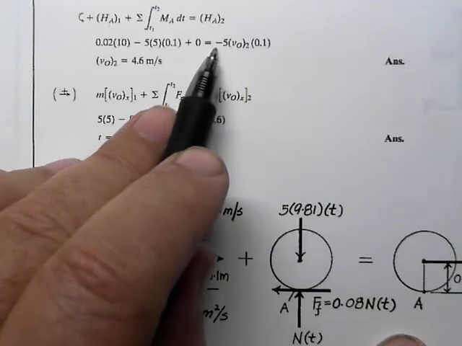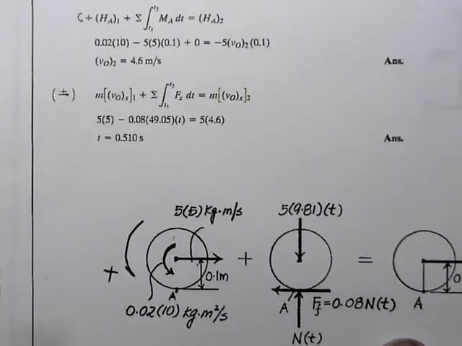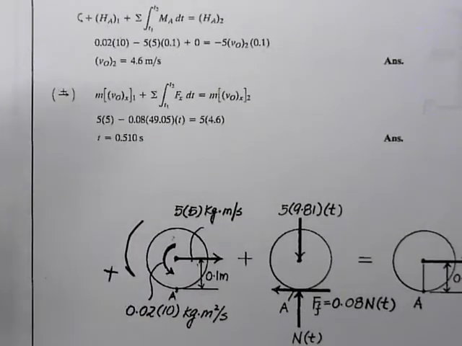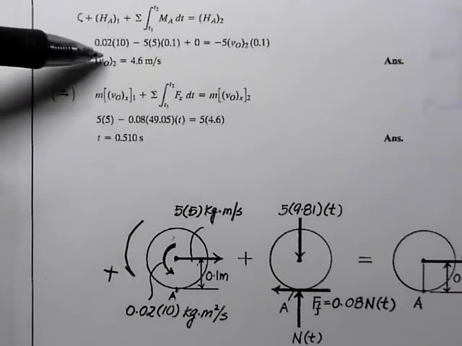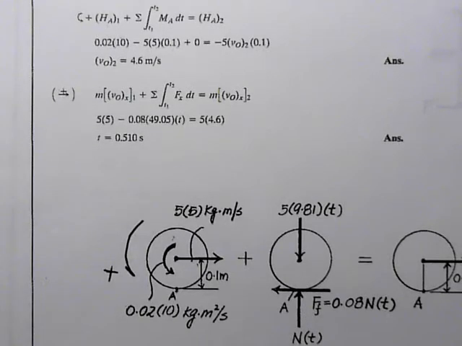So the moment of mass times the velocity, still negative because of the coordinate system that we chose. Okay, and then looking at this thing, our only unknown is our final velocity. When this thing stops spinning, we still have a velocity to the right of 4.6 meters per second.